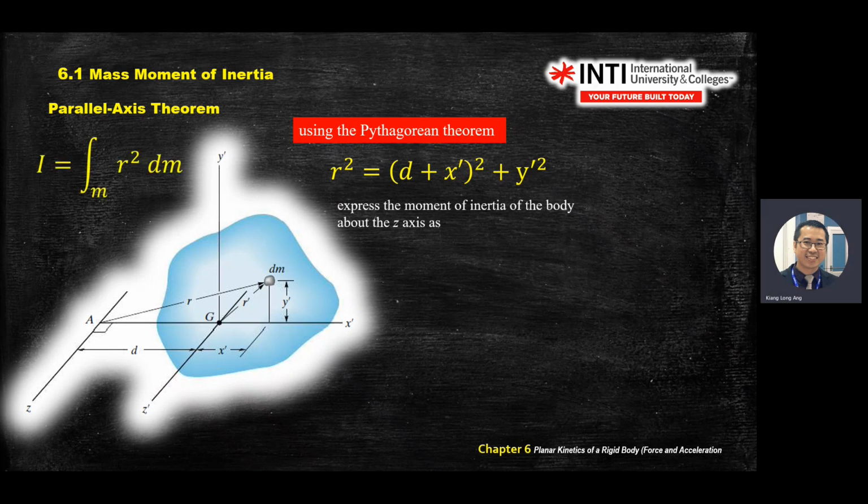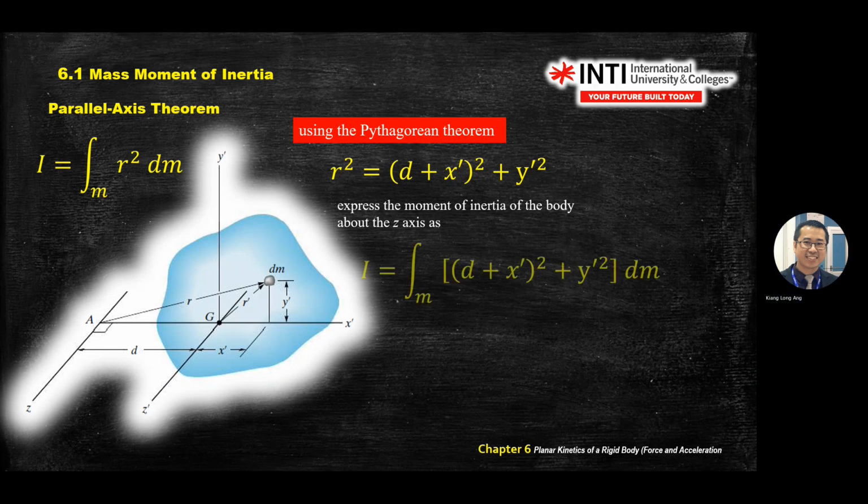So again, recall what is your second moment of inertia. I equal to integrate R square dm. What is your R? Now you change this one. You take this one, substitute inside here, you do the integration. Okay.